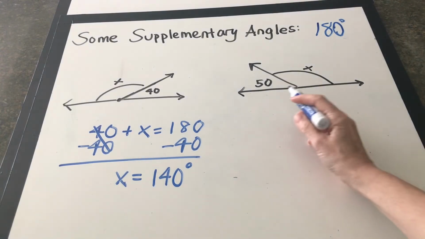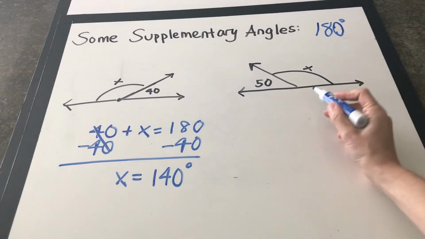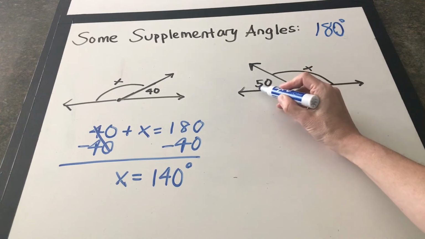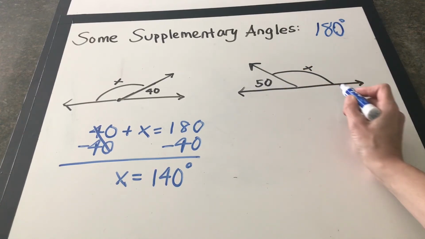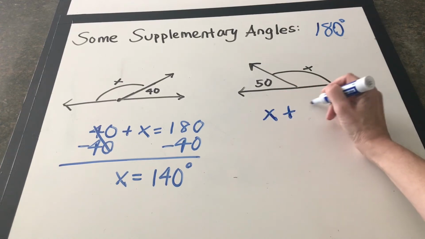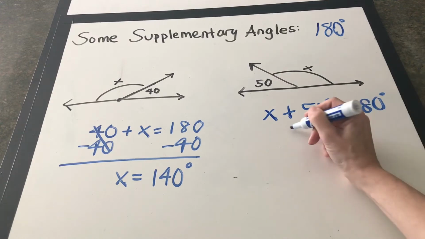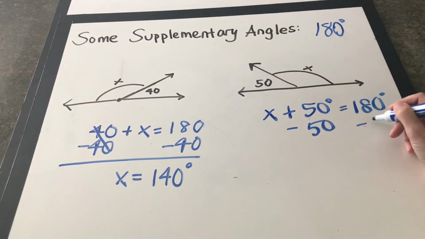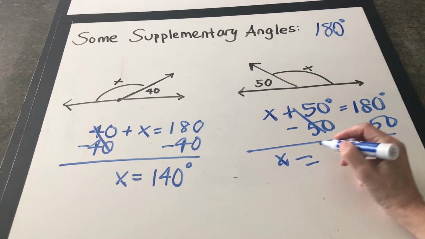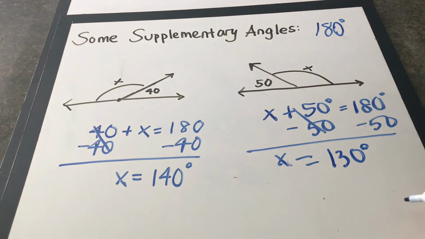And in this pair of supplementary angles, we know that this entire thing here, these two angles, they're on top of a straight line. So we know X plus 50 degrees is going to be equal to 180. And if we take away 50 on both sides, then we know X is equal to 130 degrees, okay?